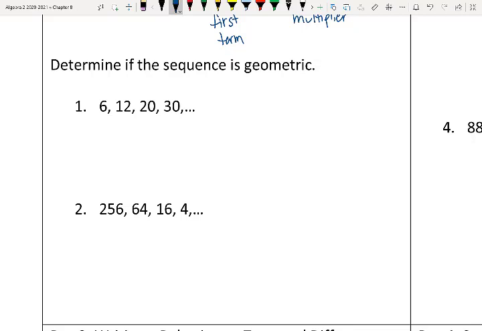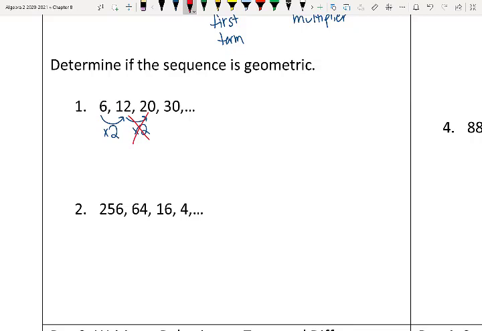So like in number 1, it's pretty easy for most of us to see that 6 times 2 gets me 12. But because times 2 does not work to get me from 12 to 20, that pattern is not consistent, meaning there's not a constant multiplication that takes me from one to the next in my sequence.